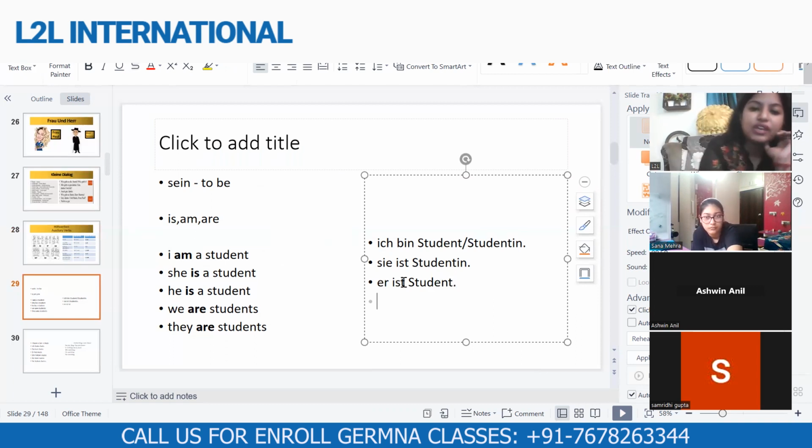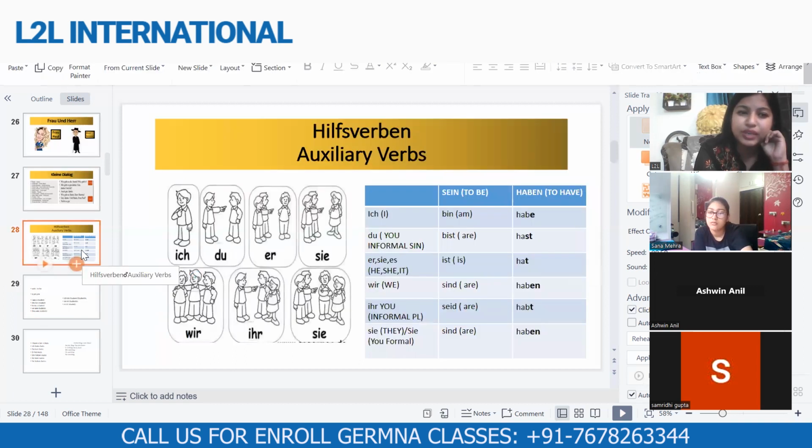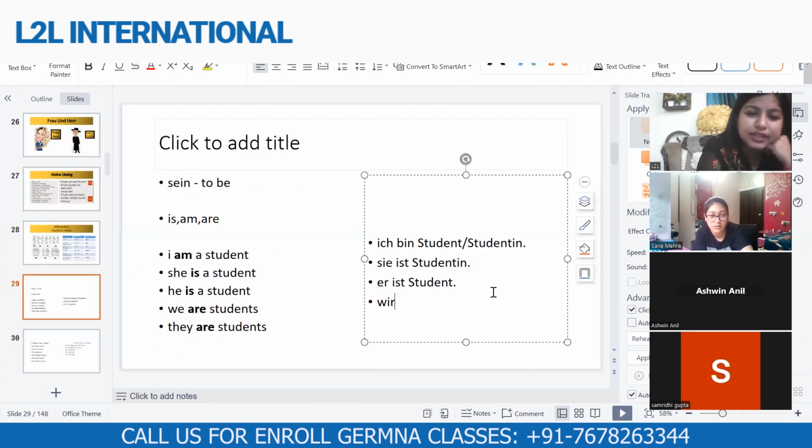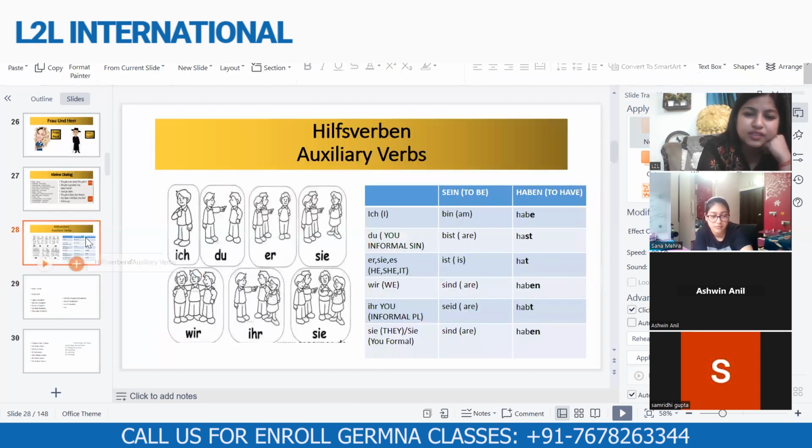If I have to say we are students, what is the subject we're going to use for we, Sana? What is the word for we in German? Wir. Very good. And see the table and let me know what the conjugation of sein is with wir.